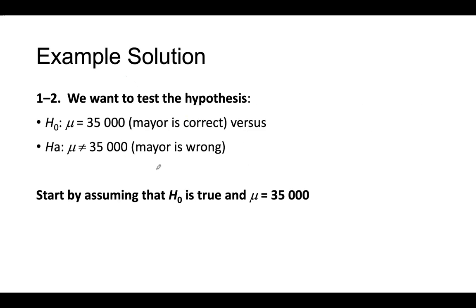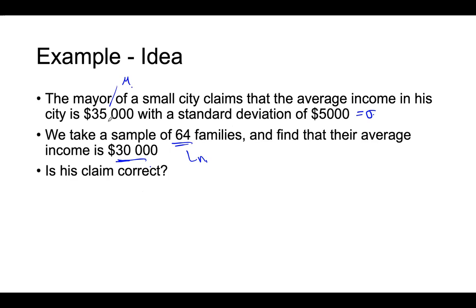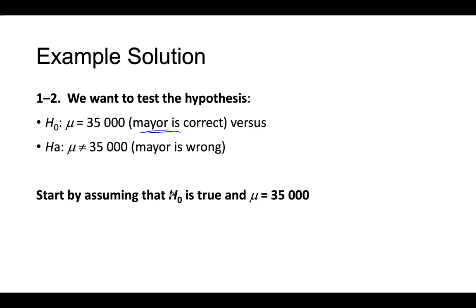Okay, so we test that the mayor is correct. So we assume that the mayor is correct, and that is the null hypothesis of 35. And we have this average and we test it. So this is our X bar, that average.